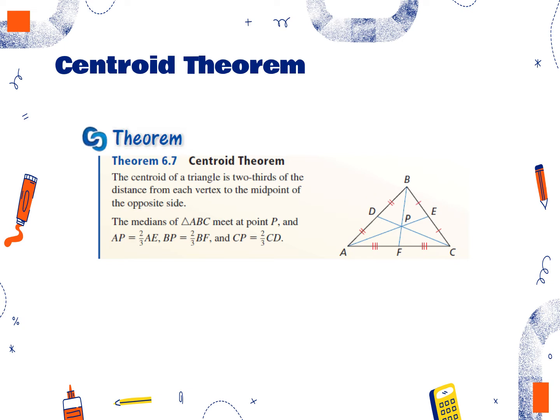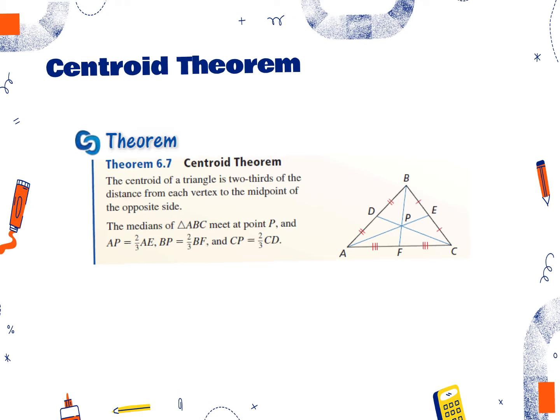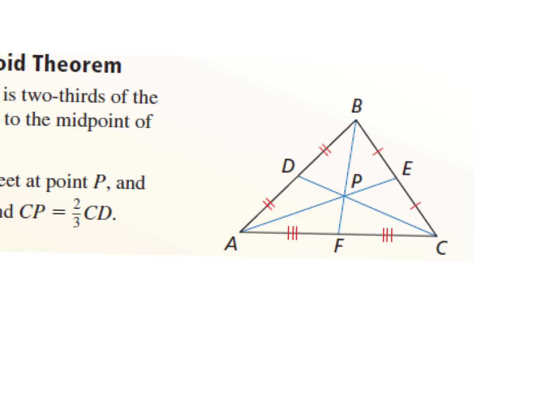So let me go ahead and show you what I'm talking about. Notice that all of these points D, E, and F are midpoints. So coming out of vertex A, this is going to be the 2/3 length of the entire median.